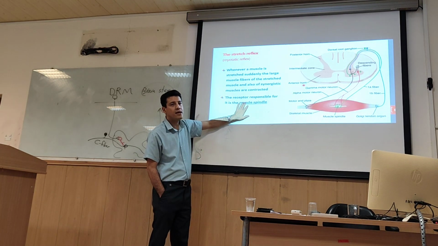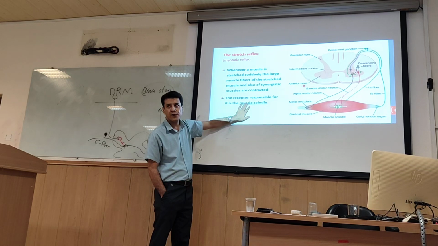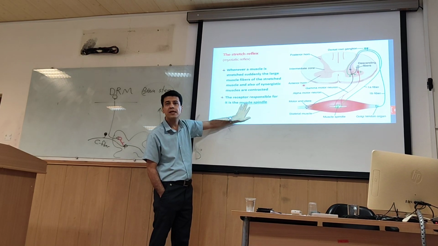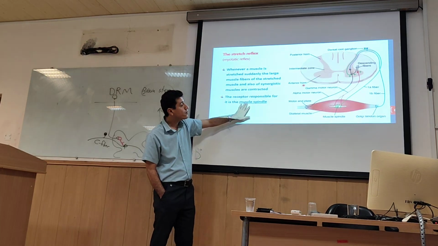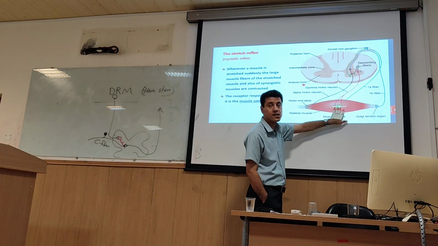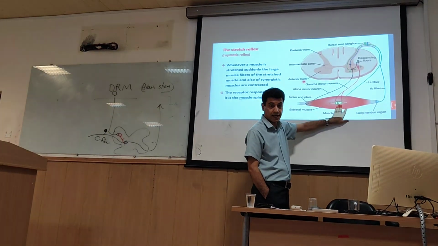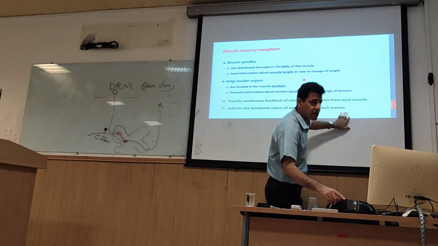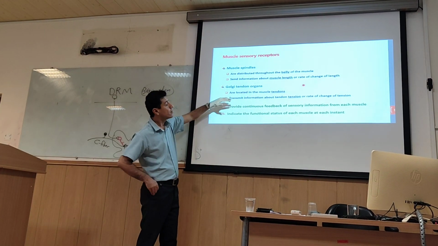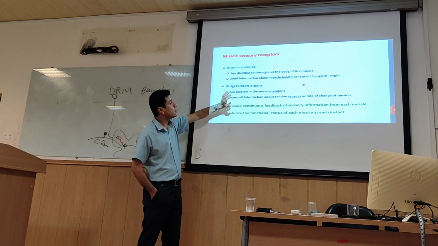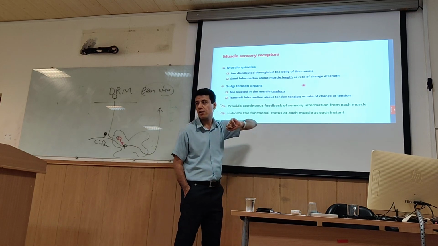So this is a reflex, so we need a receptor for it because it should respond to a sensory stimulation. The receptor here is the muscle spindle. Right? So we have a second type of receptor in the muscle, and it's the Golgi tendon organ. So remember, muscle spindles are located in the belly of the muscle.